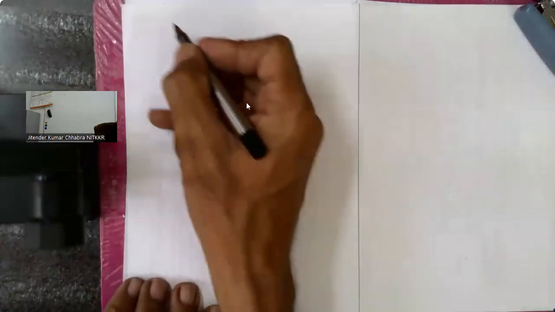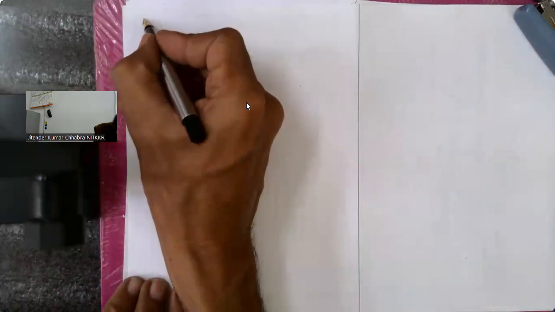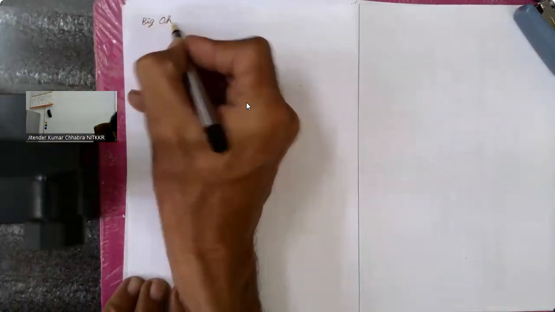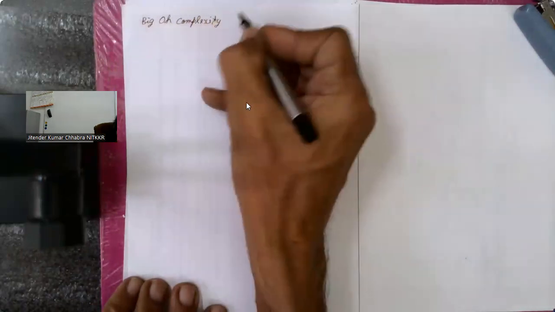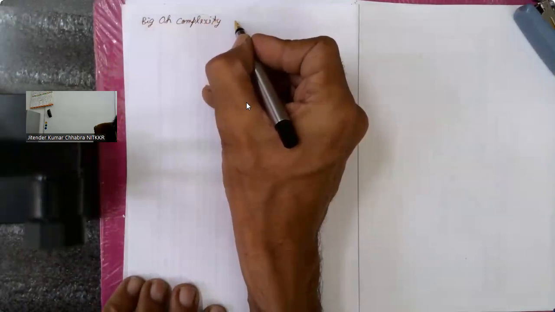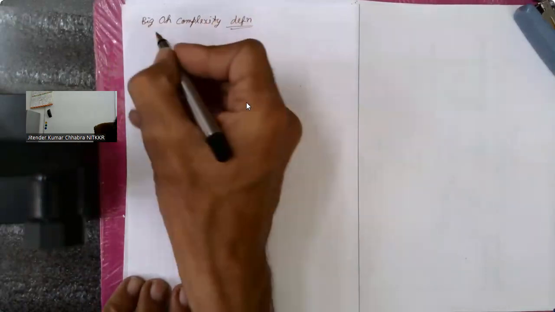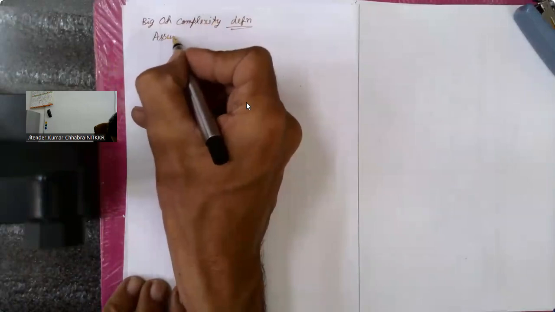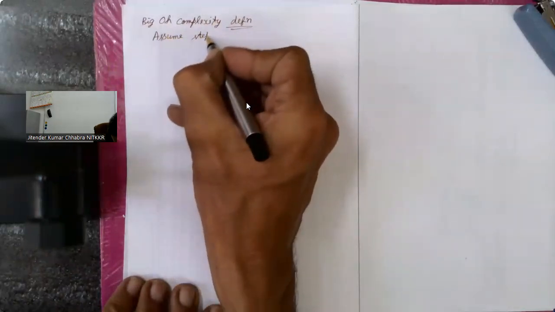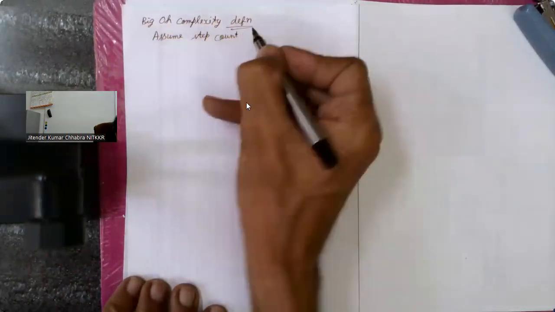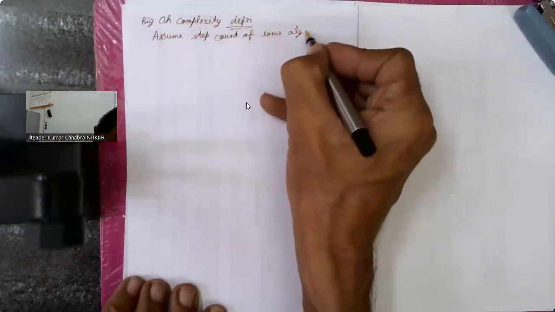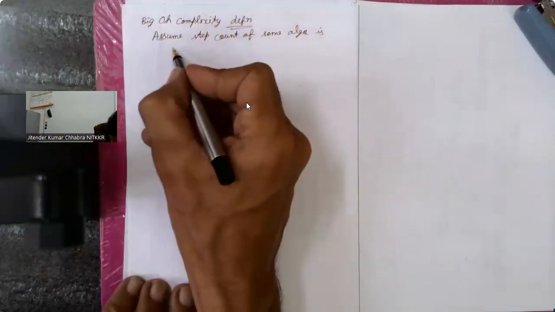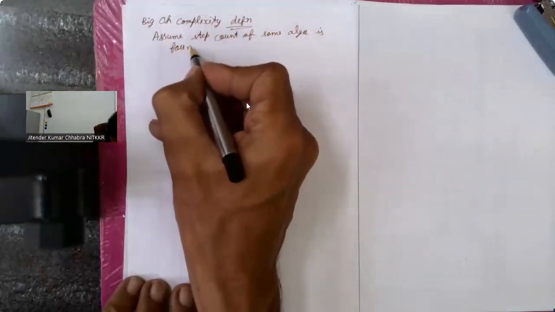Knowing all this, can we mathematically define big O complexity and understand it in a more meaningful manner, so that you don't get confused in such finer details? So let me define it mathematically. Assume that the step count, approximately or exactly, of some algorithm is found and denoted as f of n.